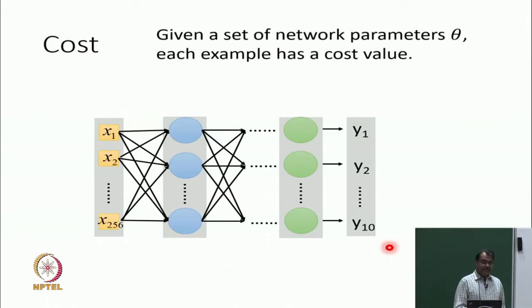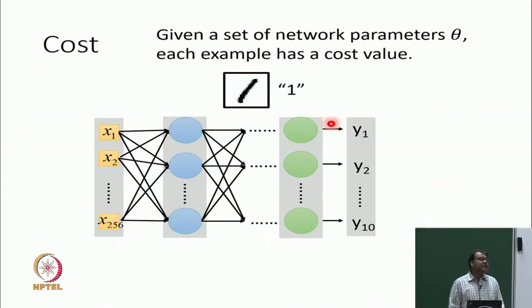Now, I will say that given a set of network parameters, the probability distribution that I output, I can compare with the true label. The true label would be the y1 for the example at hand, like for this it will be 1. And then I would say, how costly is this prediction? How bad is this prediction? Am I satisfied or am I not satisfied?